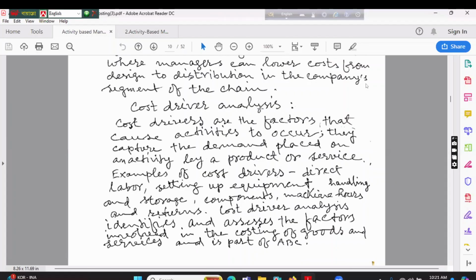Now, cost driver analysis. Cost drivers are the factors that cause activities to occur. They capture the demand placed on an activity by product or service.